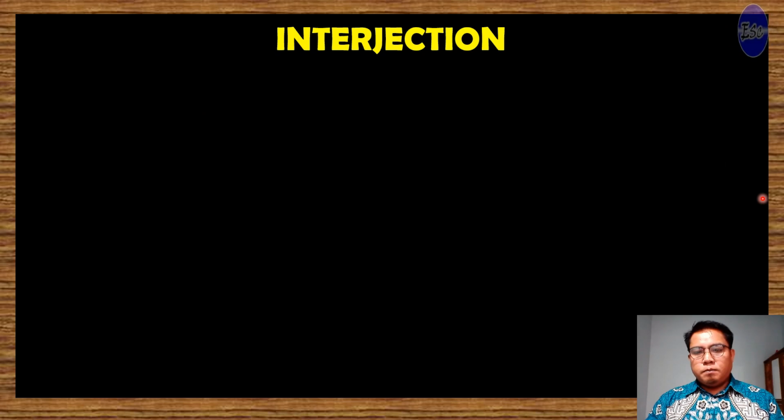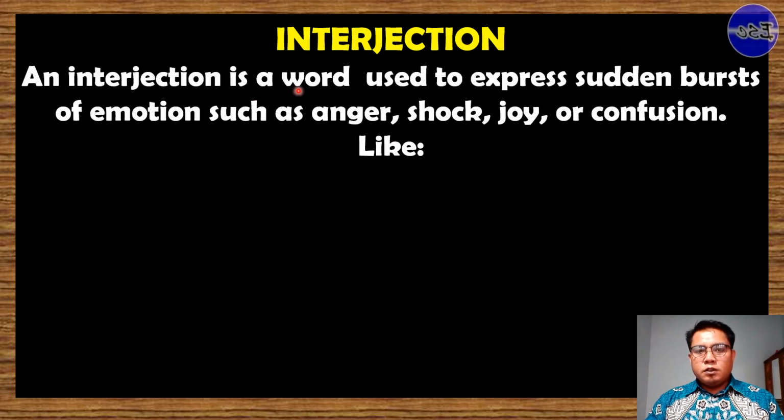Interjection. An interjection is a word used to express a sudden burst of emotion, such as anger, shock, joy, or confusion. So it expresses your emotion, normally sudden emotion, your feeling toward something.